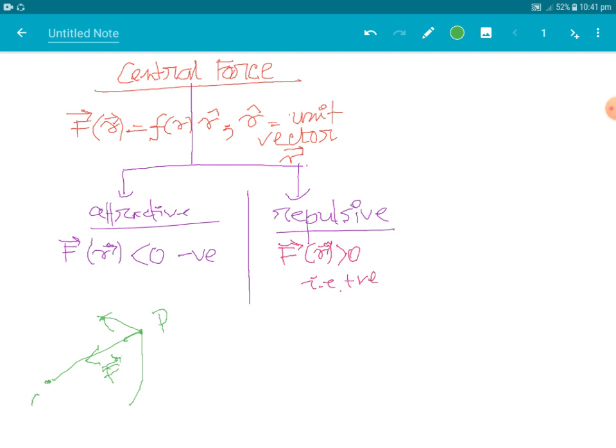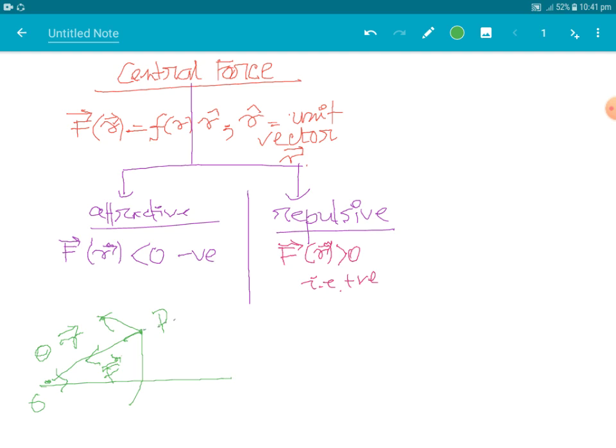This is the center O. The angle made by the position vector is theta, and the position vector is r vector.